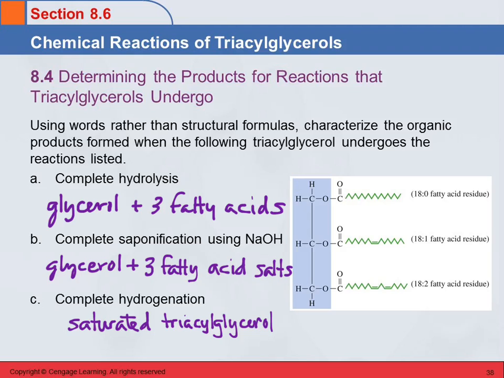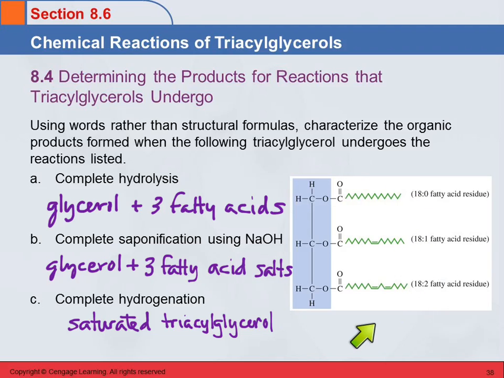Any questions? So hydrogenation would turn it from a mixed to a simple? It could turn it from a mixed into a simple. In this case it would, because all of these have 18 carbons. And what's making it a mixed triacylglycerol is this one has 0 double bonds, this one has 1, and this one has 2.